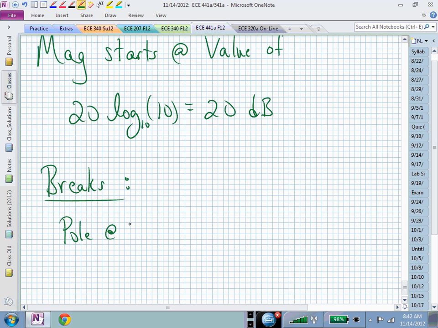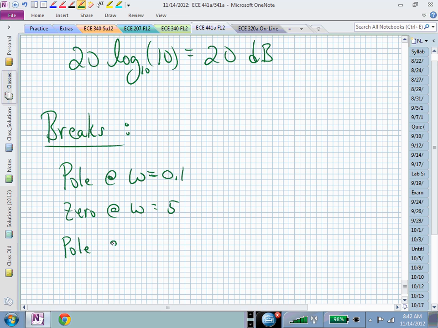We have a pole at omega equal to 0.1, we have a zero at omega equal to 5, and we have a pole at omega equal to 20. So this particular break will make our slope go negative, this one will do an adjustment up, and this one will be down again. So this is what our magnitude does.